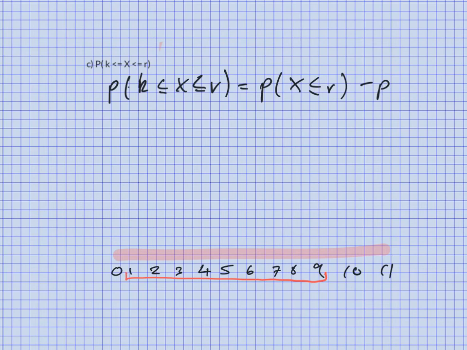Now that's interesting because if we didn't know the k and the r, we would have to use x is strictly less than k, which means that we want the probability that x is less than or equal to 9 minus the probability that x is less than 1, that is, less than or equal to 0.